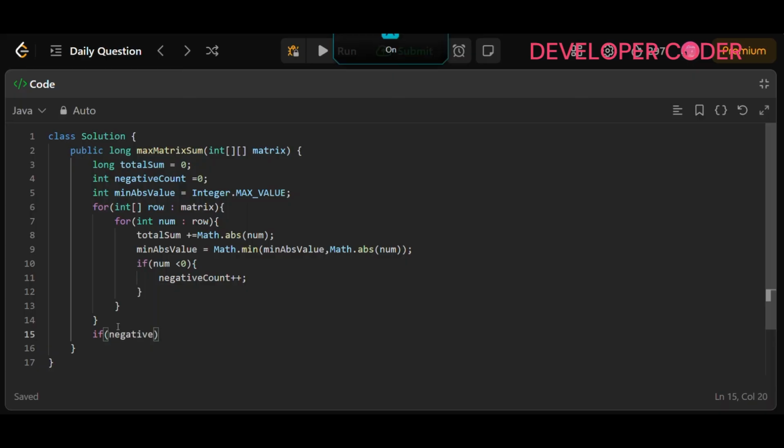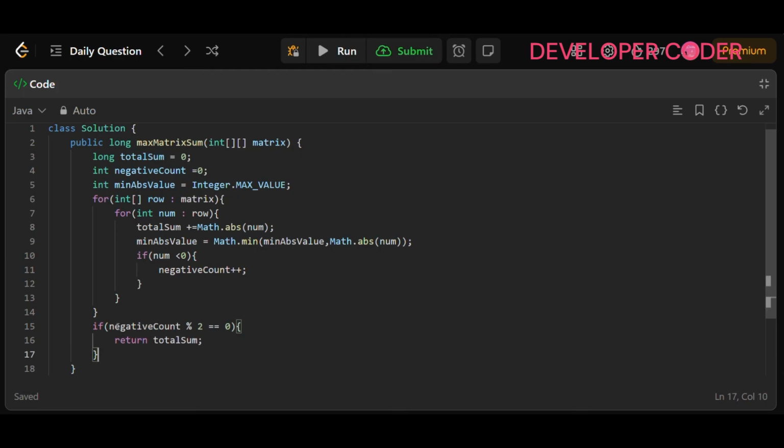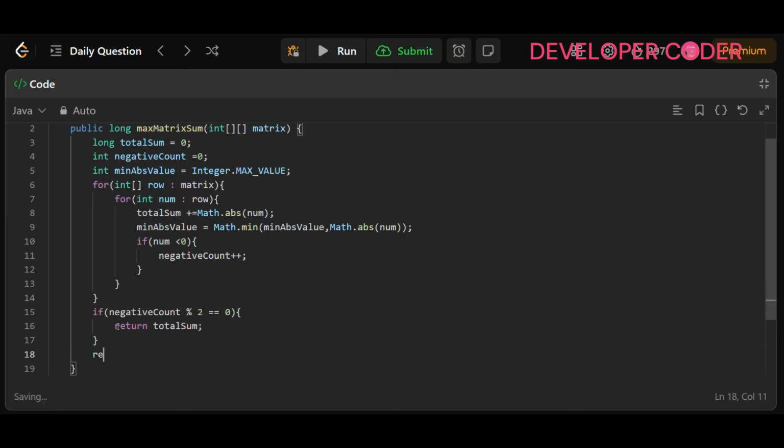If negative count modulus 2 is equal to 0, then just return total sum, else return total sum minus 2 into minimum absolute value.